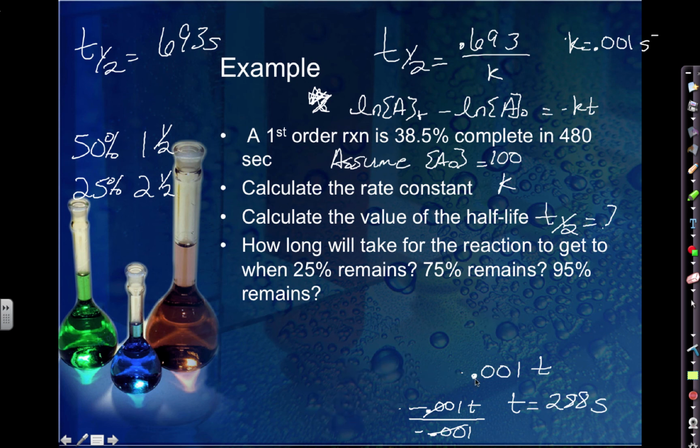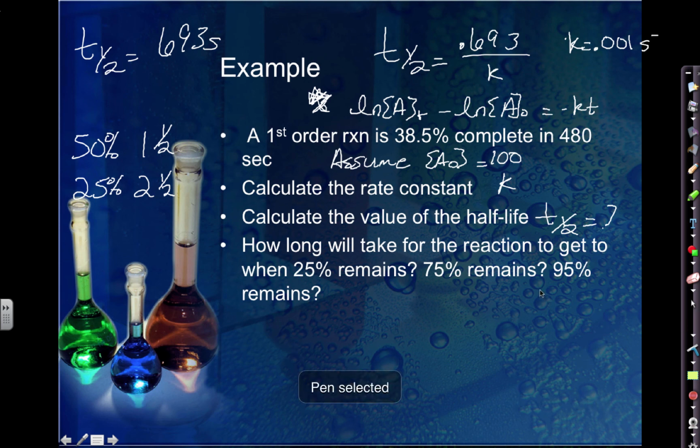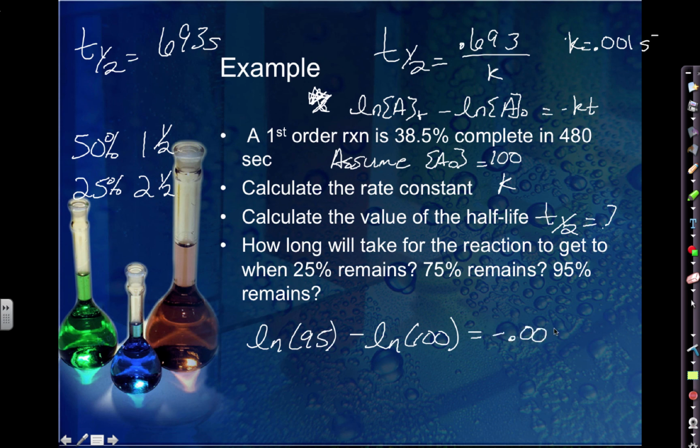Okay, so 95% remains, so at a certain amount of time, 95% still remains, so the concentration at that time can be 95, the initial can be 100. So the natural log of 95 minus the natural log of 100 is equal to negative 0.001 K multiplied by some time.